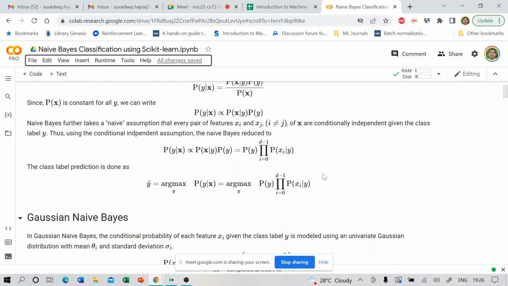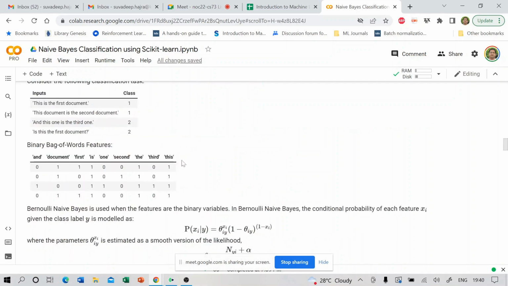Suppose in this corpus these 9 words appear: first, second, third, this, and so on. Each of the words will be represented as a feature, so there will be a total of 9 features.